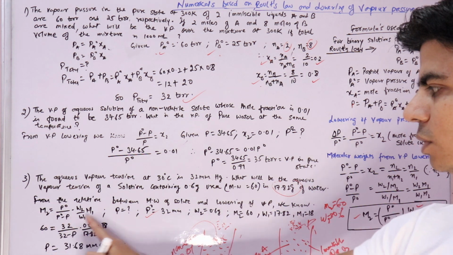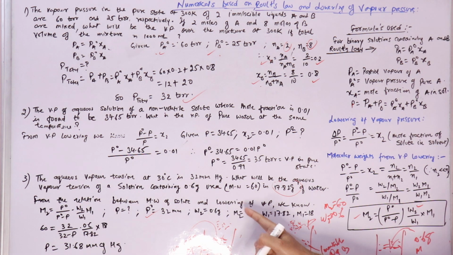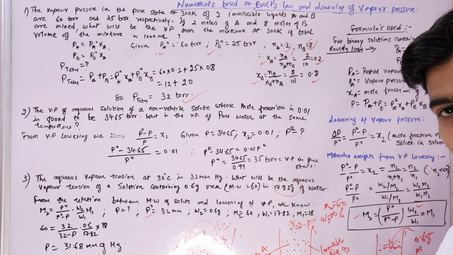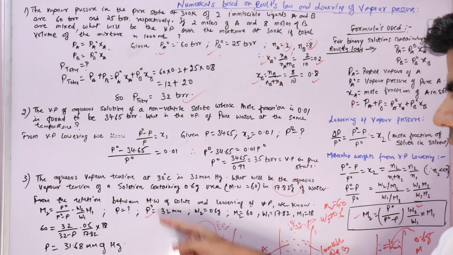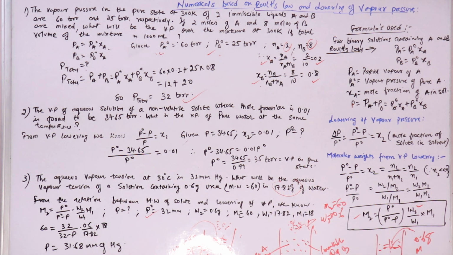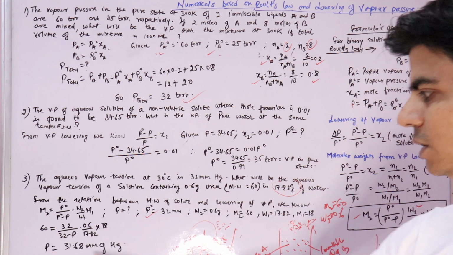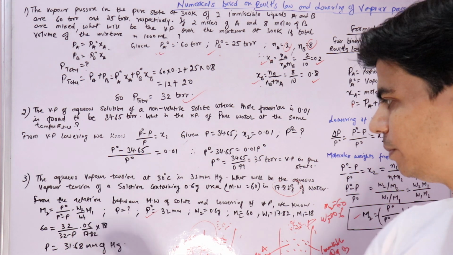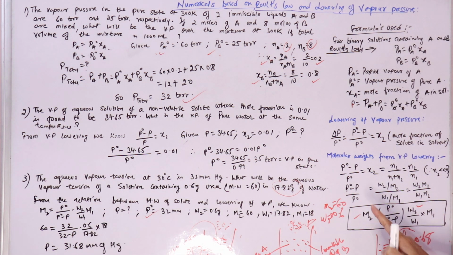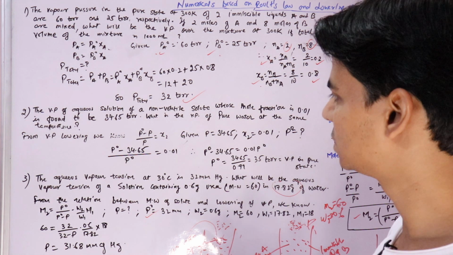If you substitute all these values in this formula, we need the value of P, which is the vapor pressure of solution that is formed by adding non-volatile solute urea to 17.82 gram of water. So basically you would be using this formula, that is the relation between molecular weight and lowering of vapor pressure, right? I hope all this is clear to you.